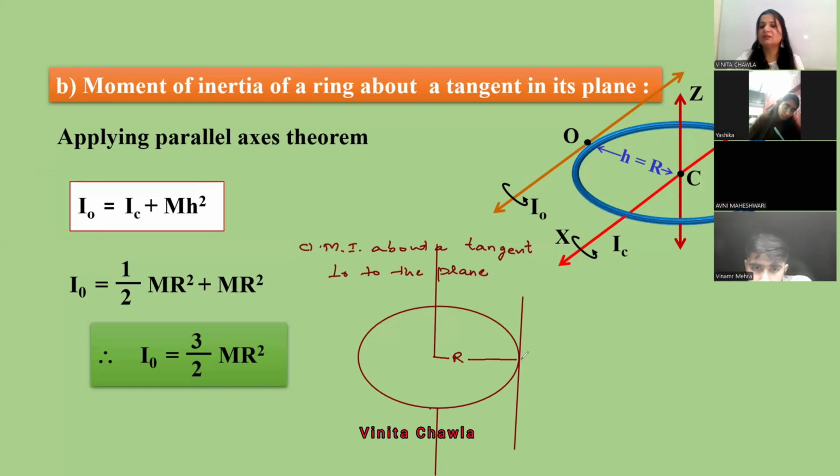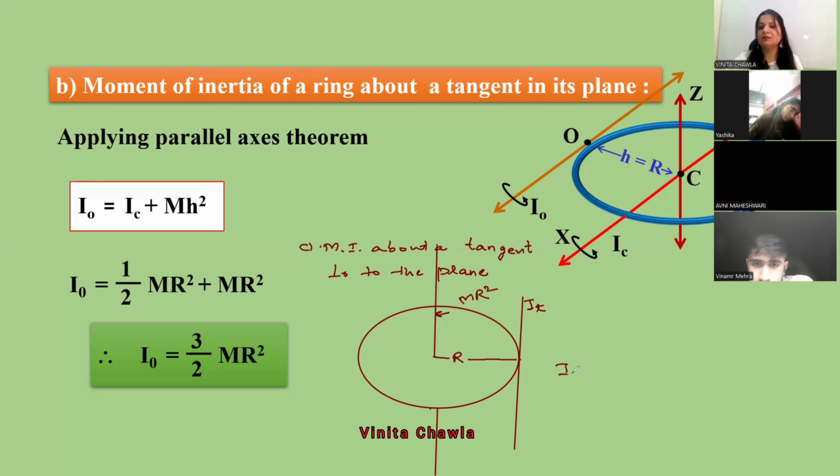See, this is also a tangent because it touches the ring at just one point. But this tangent is not in the plane of the ring. Rather, this tangent is perpendicular to the plane of the ring. Because we know the moment of inertia about this axis, it is mr square. We have to find moment of inertia about this axis. We can write IT, T for tangent.